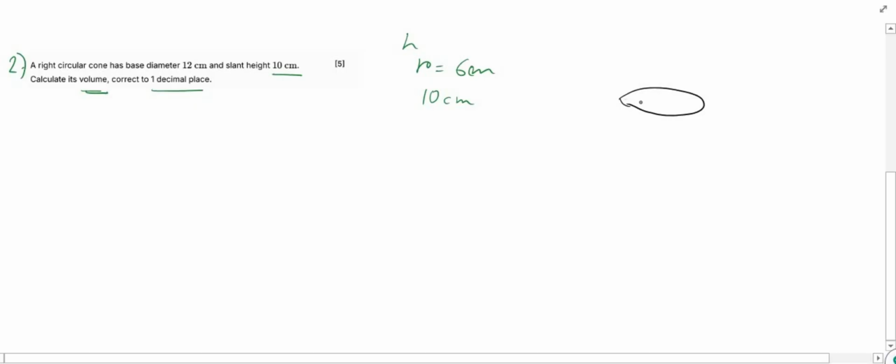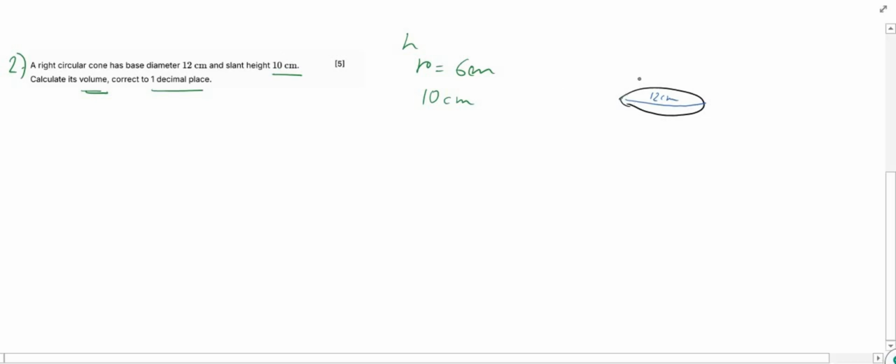So it says a circular cone with a diameter of 12 centimeter, and the slant height is 10 centimeter.